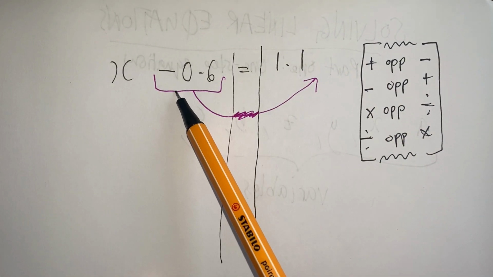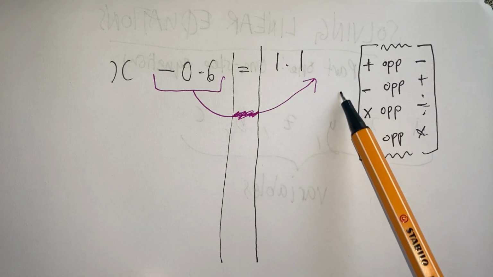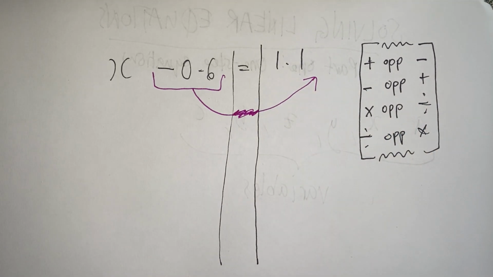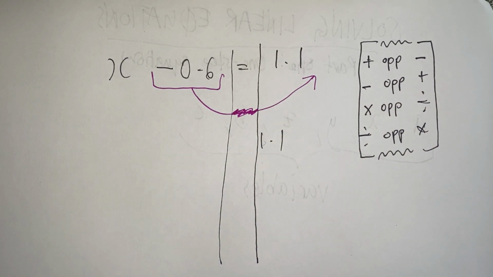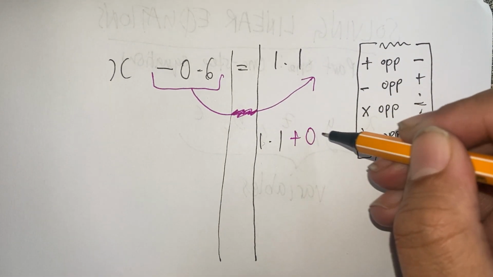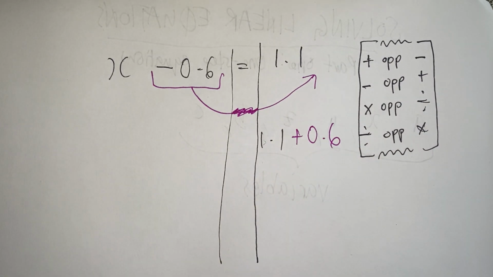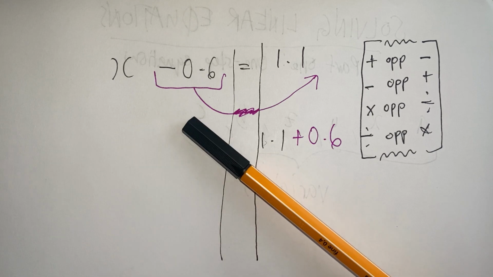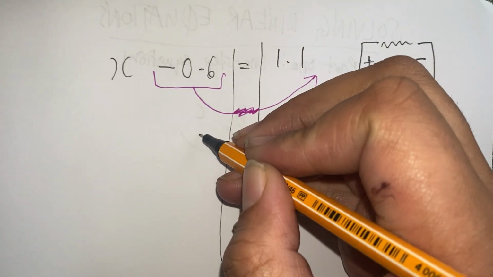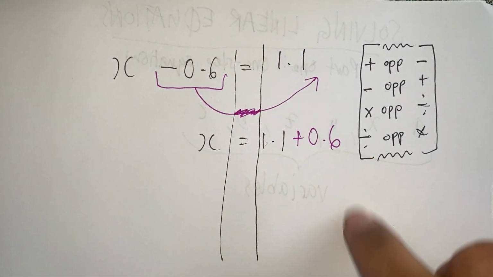On this side, it's a negative 0.6. On this side, it becomes a plus 0.6. We currently have 1.1, it was already there, but once it is transported, you now have a positive 0.6. And what do you think we have left here? Not nothing, we have the x left. So x is equal to 1.1 plus 0.6.